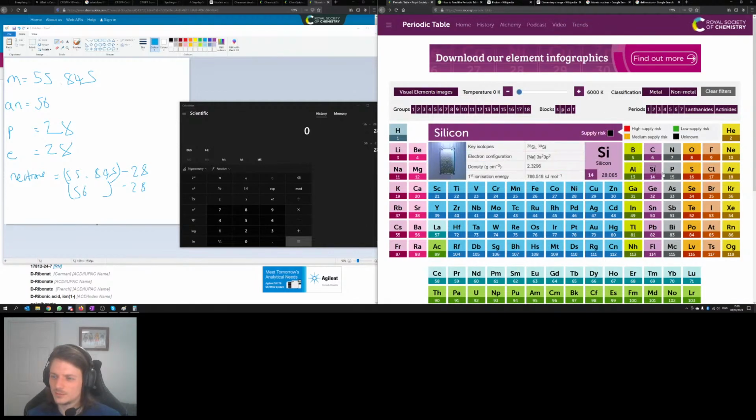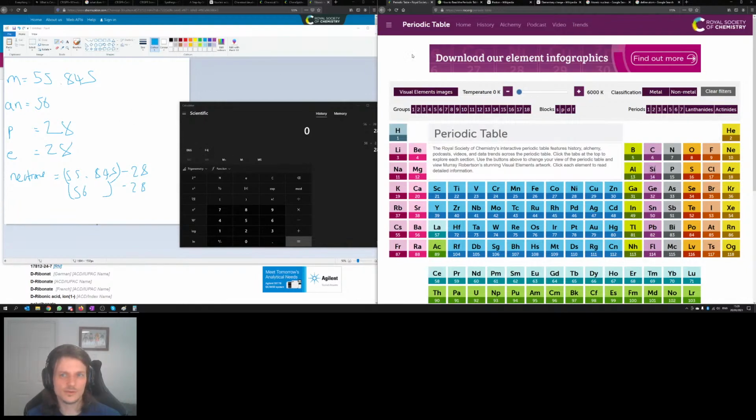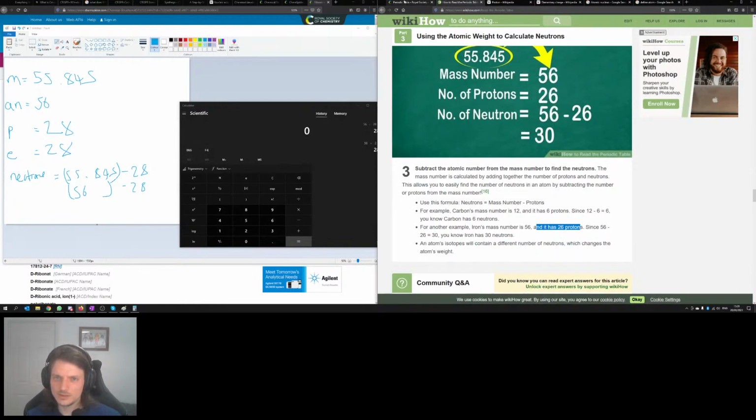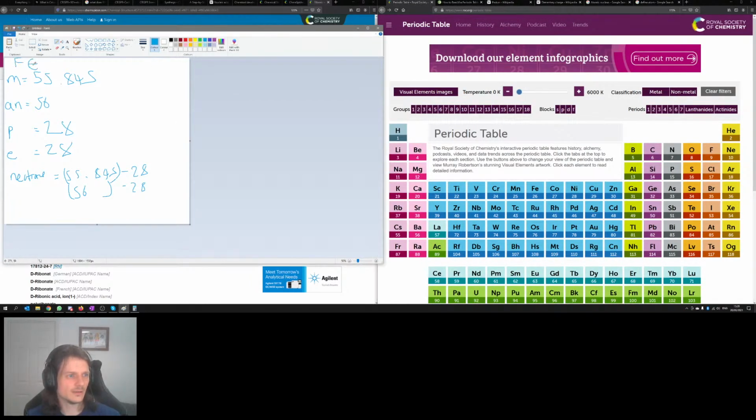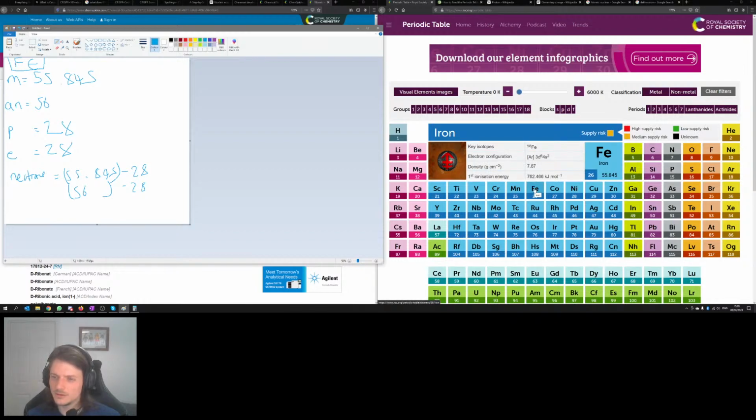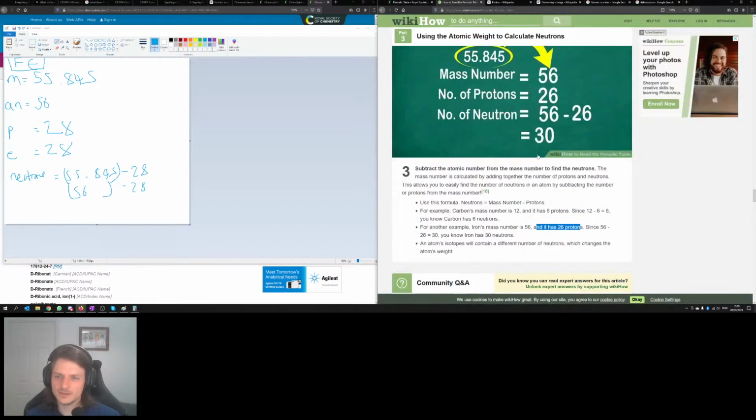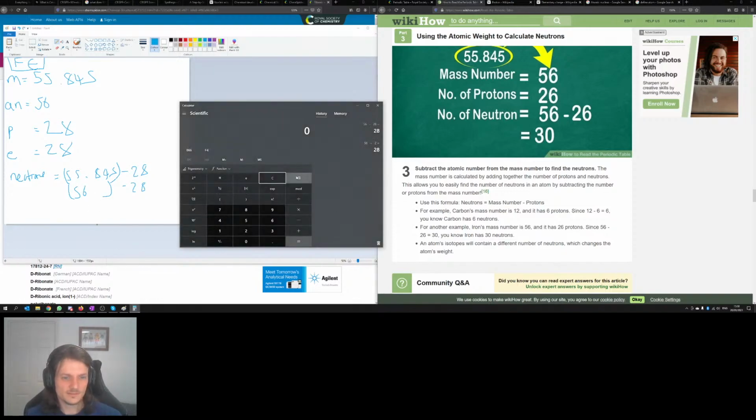So why does it have 26 protons then? This was for iron, right? Yeah. Fe. Fe has 55.845 mass. But it's saying the mass is 56. 56 minus 28 is 28.